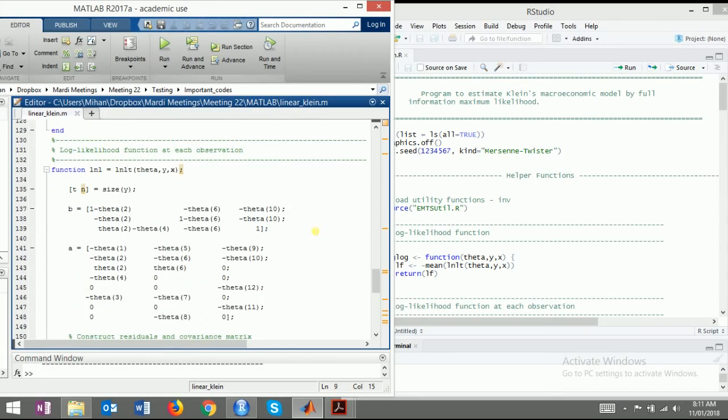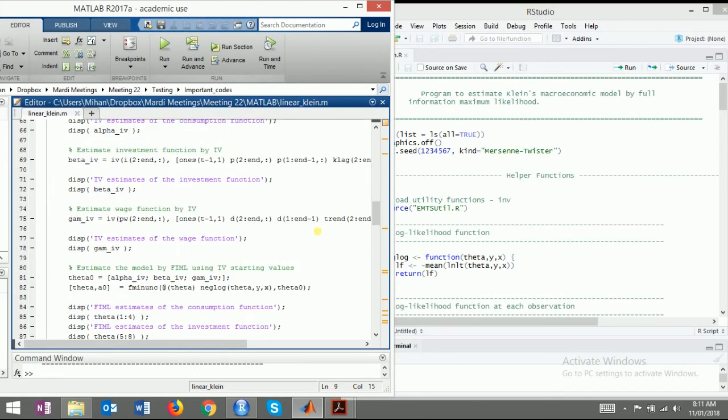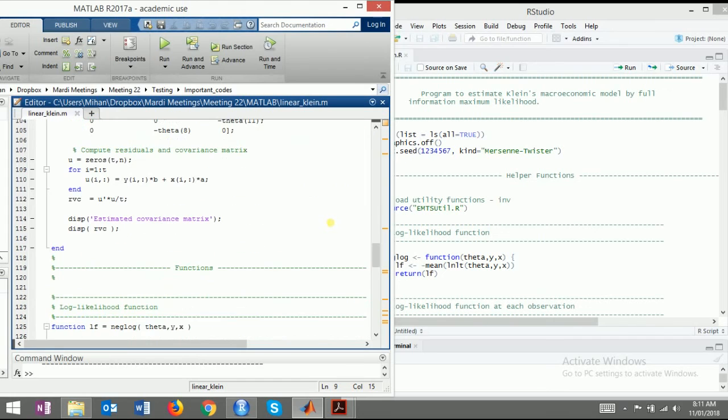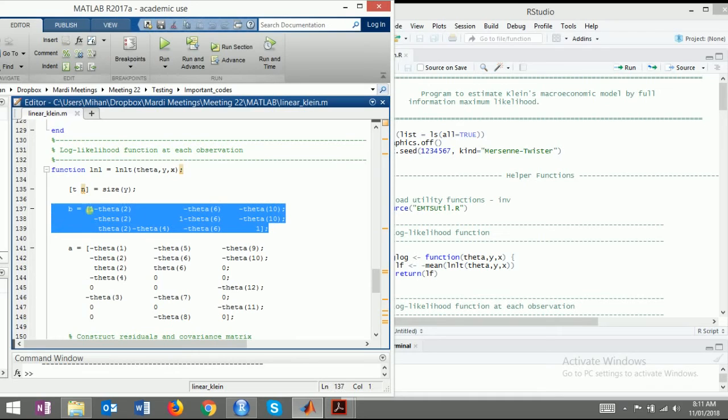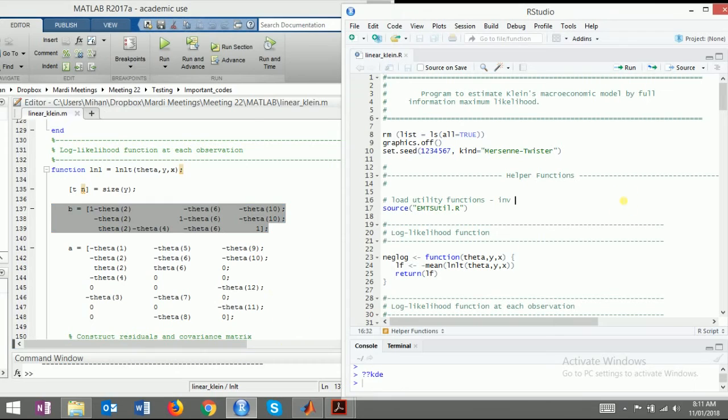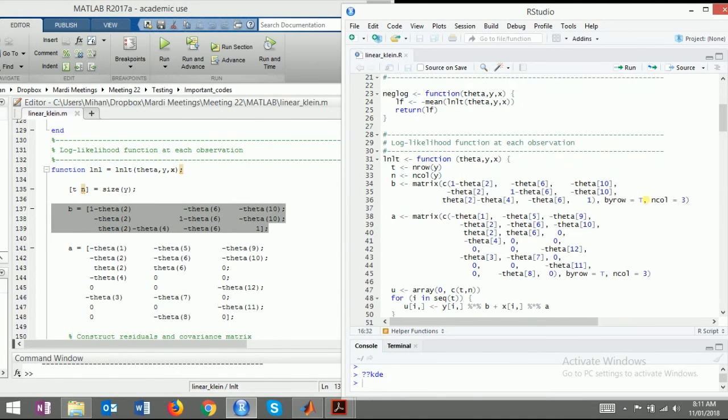First, the local function, the log likelihood function. Okay, so many parameters indeed. So beta will be big, alpha will be big. There's nothing very interesting here.